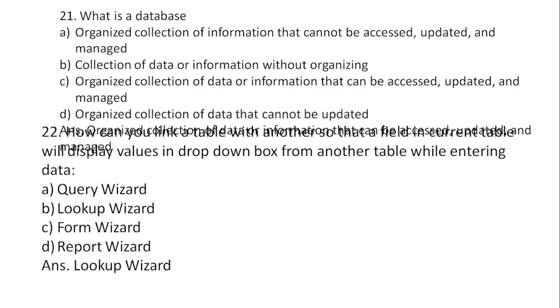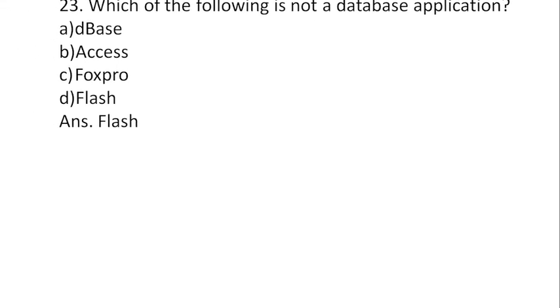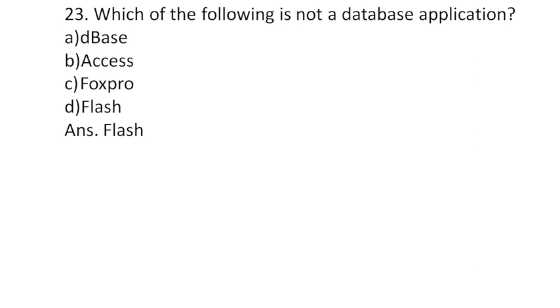Next, how can you link a table with another so that a field in current table will display values in drop down box from another table while entering data? Answer bolche lookup wizard. Next, which of the following is not a database application?